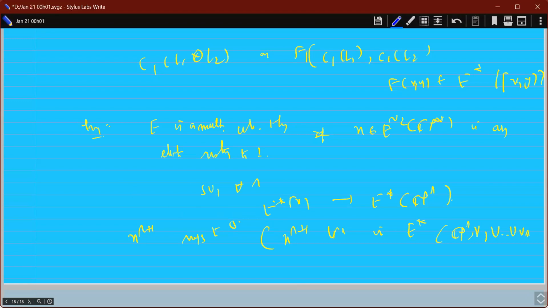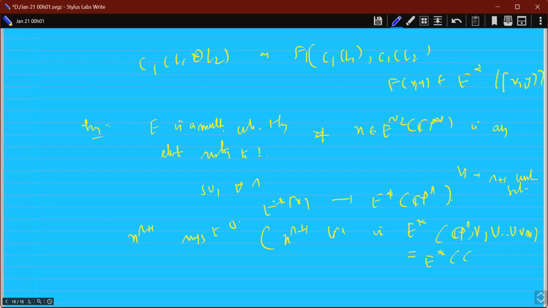Okay, yeah, this is okay. So what are these V_i? These are n plus 1 contractible sets covering V. So this would be equal to WC.